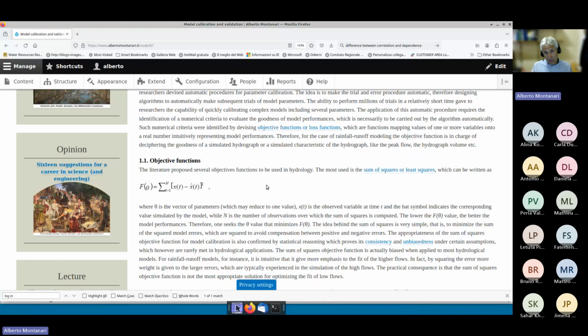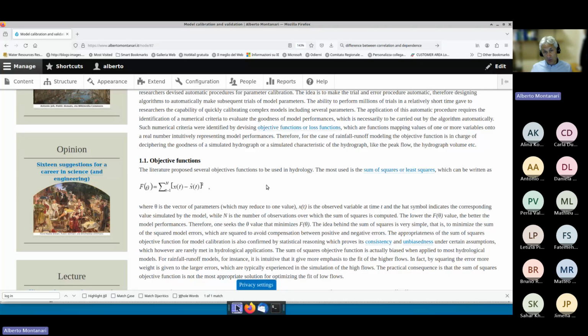This large number doesn't give a general indication of model reliability. Actually, we would prefer to get a number that is easier to interpret, easier to understand. Think of this example: if the objective function varied between 0 and 1, with 0 meaning a bad model and 1 meaning a perfect model, it would be much better, because we could more easily understand what the performance of the model is.